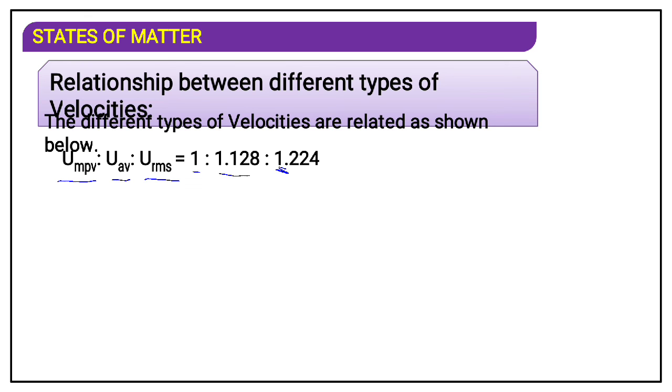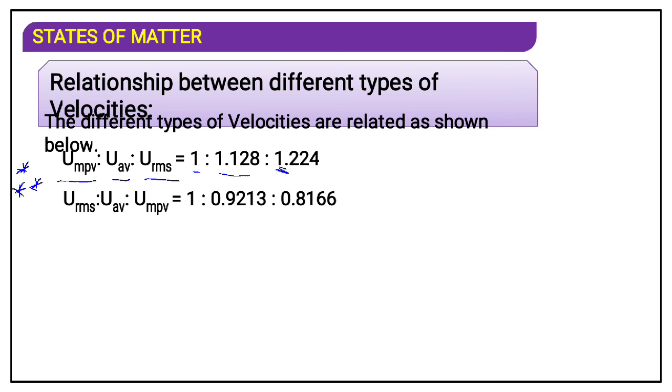We can also write it like this: u RMS velocity, u average velocity and u most probable velocity is 1 is to 0.9213 is to 0.816. This is very important for competitive exams. They will ask a direct question from this.